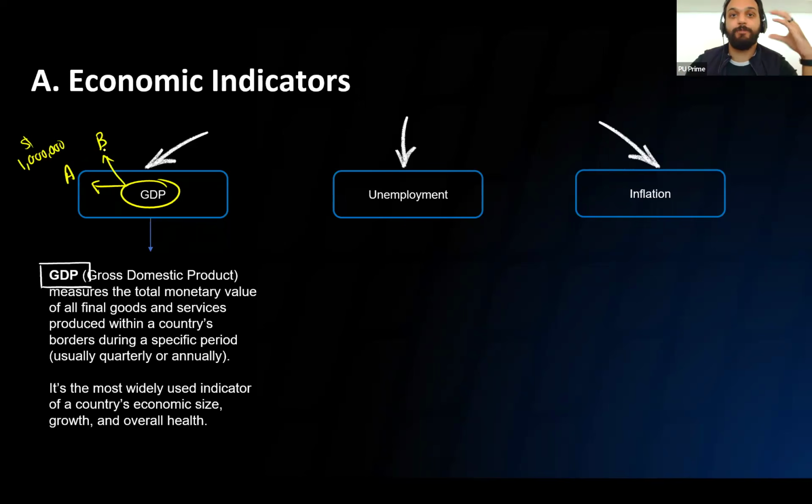And country B has produced goods and services with a total dollar value of, for example, let's say $100,000. Now, tell me, which country is better in your opinion, based on what you have understood, that the GDP is the production? What do you think?